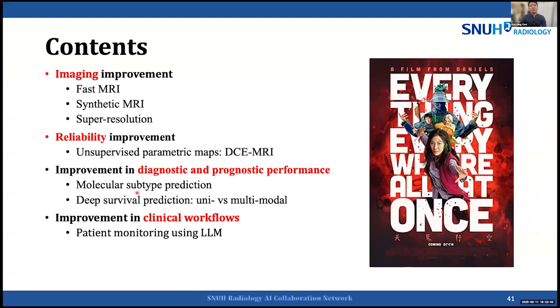Actually, we say that neural networks are generalizable because they have at least 1,000 cases per class for classification network models. But in clinical practice, that kind of large data set is not usually fulfilled, especially in rare brain tumors like glioblastoma.